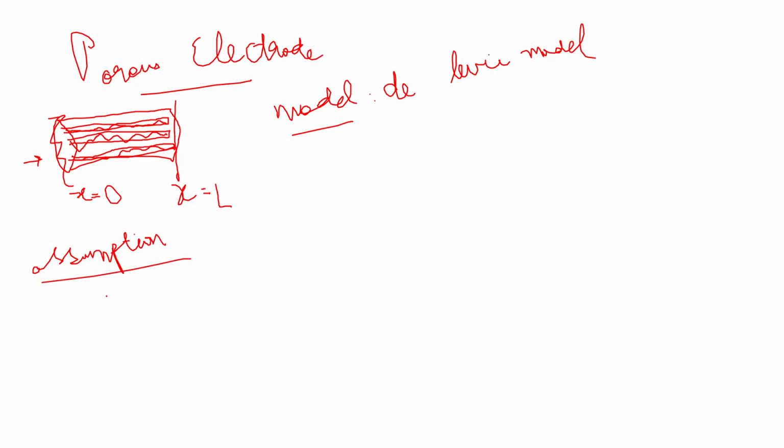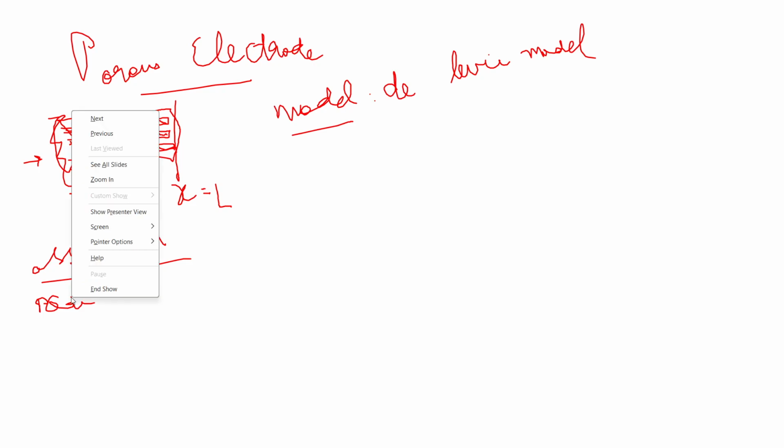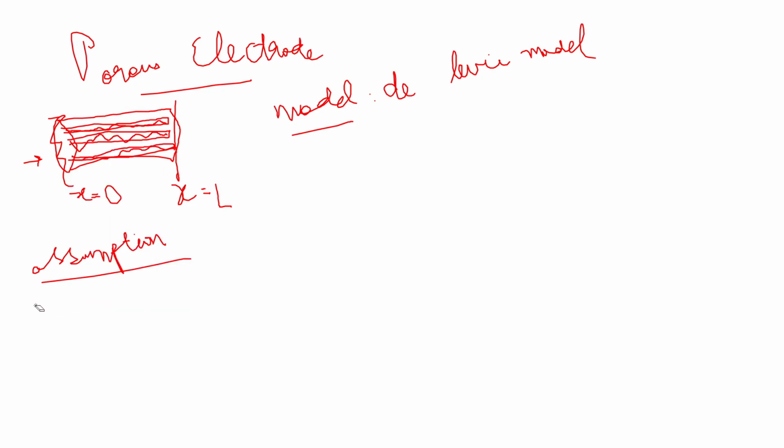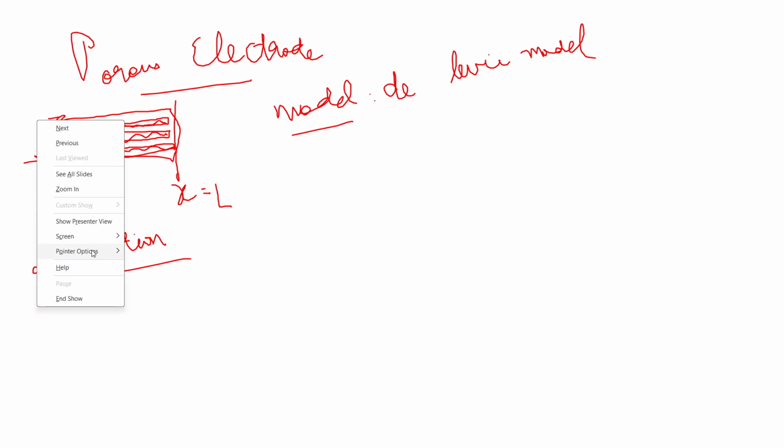So what are the assumptions, in the sense of what is all considered? The first one: in the real case the pores can be of any shape, but here for the derivation we strictly say that these pores are cylindrical.